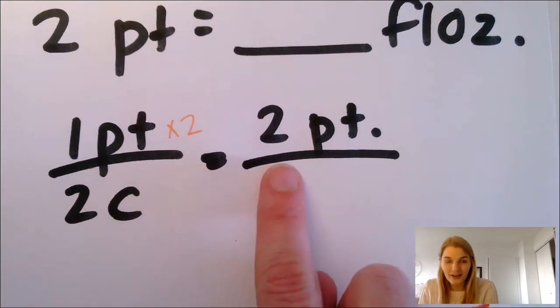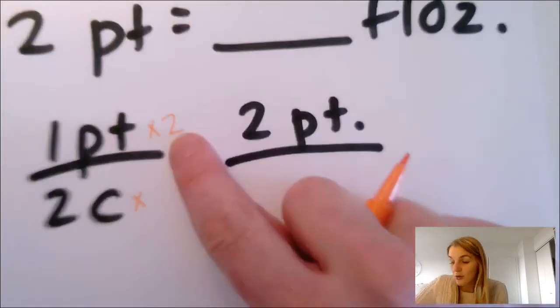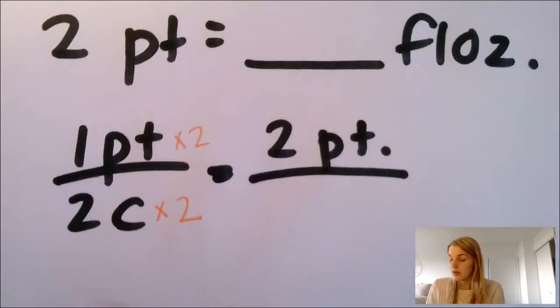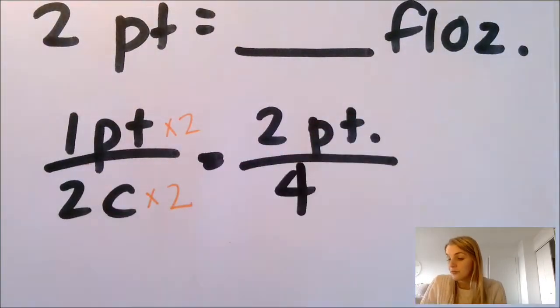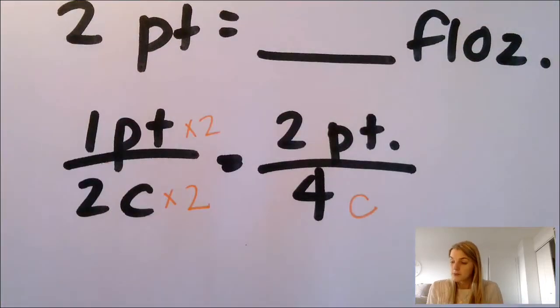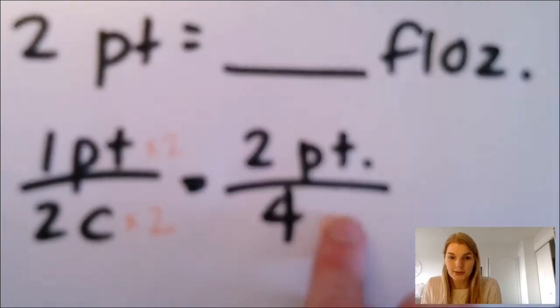That's how we got there. And so what we can do is, now that we know the top, we do the bottom, times 2. 2 times 2 is 4. And remember, here we're talking about cups. So that means that there are 4 cups in 2 pints.